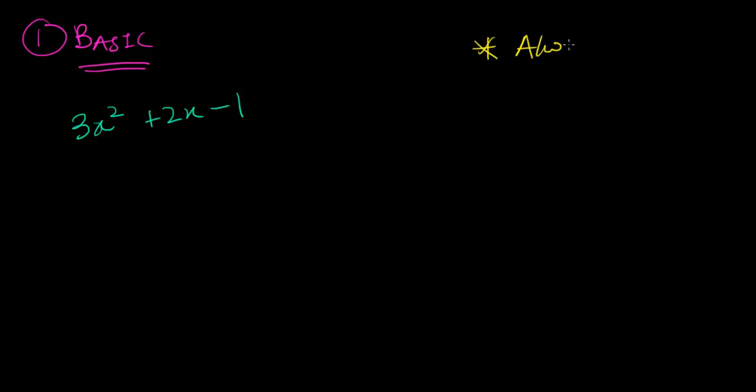Always add a constant at the end of any integration. And then the third tip is whenever you see a constant in the equation, when you integrate it, add an x behind. That is the only tips that we're gonna learn.